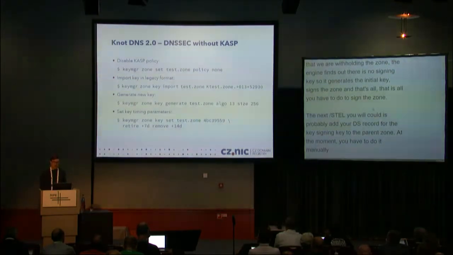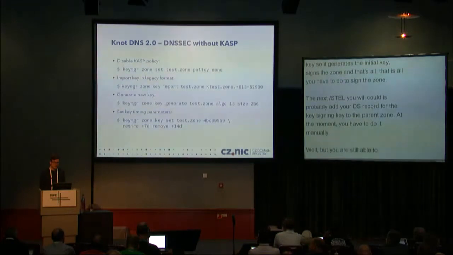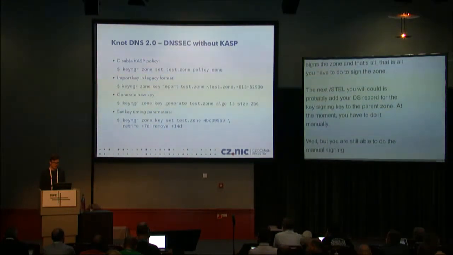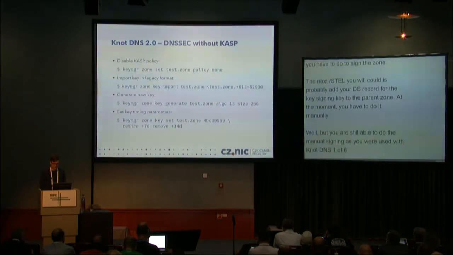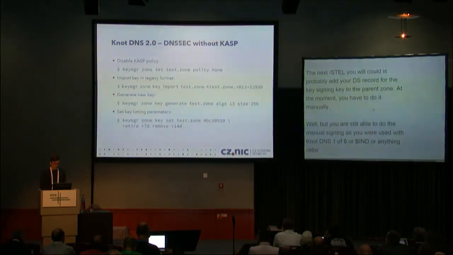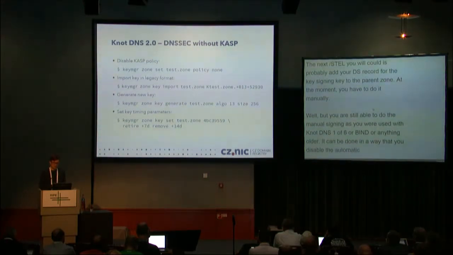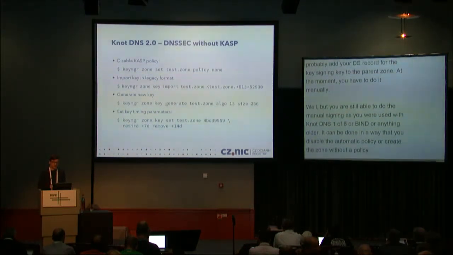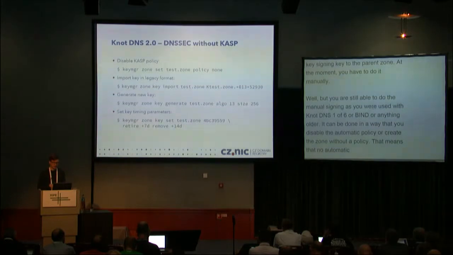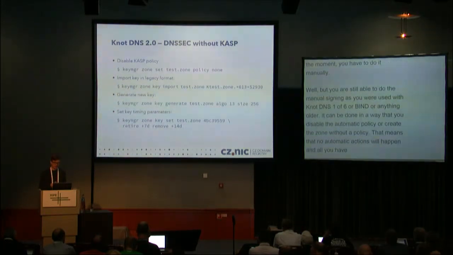Well, but you are still able to do the manual signing as you were used to with Knot DNS 1.6 or BIND or anything older. It can be done in a way that you disable the automatic policy or create a zone without the policy. That means that no automatic actions will happen, and all actions have to be performed manually.